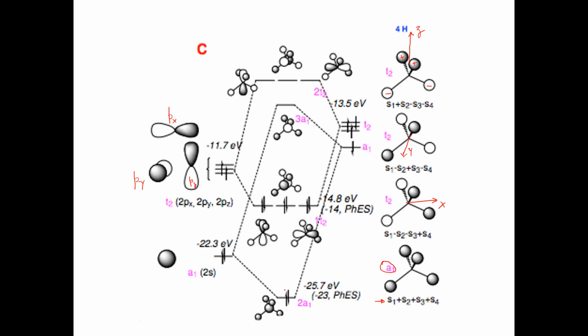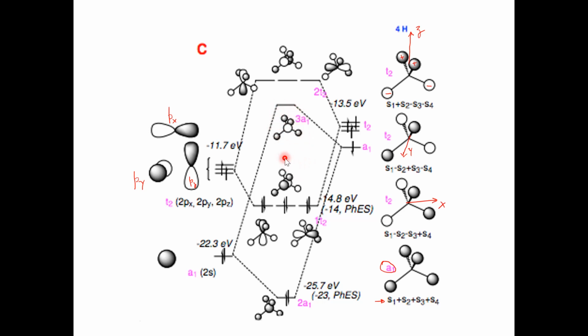So A1 will couple to the A1 S state of carbon and make a symmetric bonding combination, this one, and the anti-bonding combination, this one.